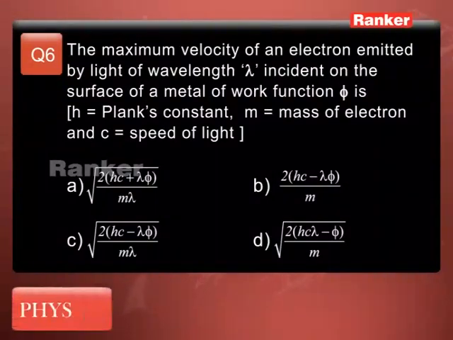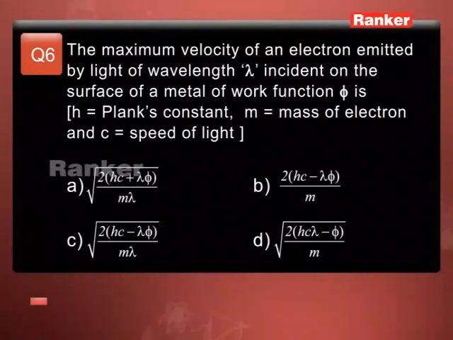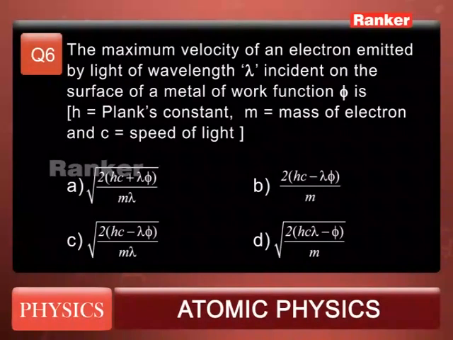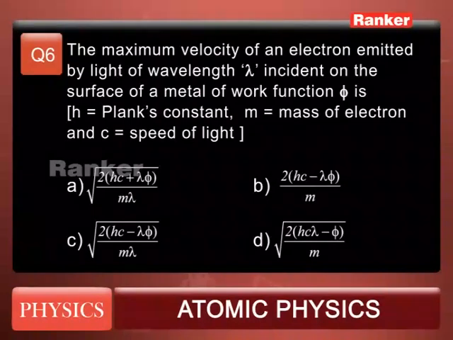For that he has given us some letters which are needed there in the formula. One, of course, small h he has given as Planck's constant, m he has given as mass of the electron, and c, small letter c, that is speed of light he has given. And options are given this way: square root of 2(hc + λφ) divided by mλ. The second option is 2(hc − λφ) divided by m.